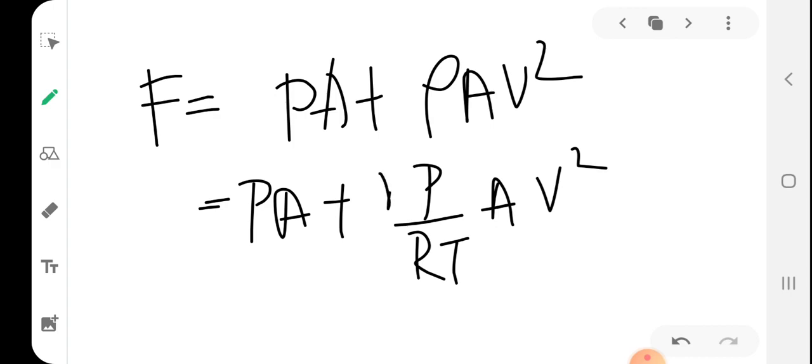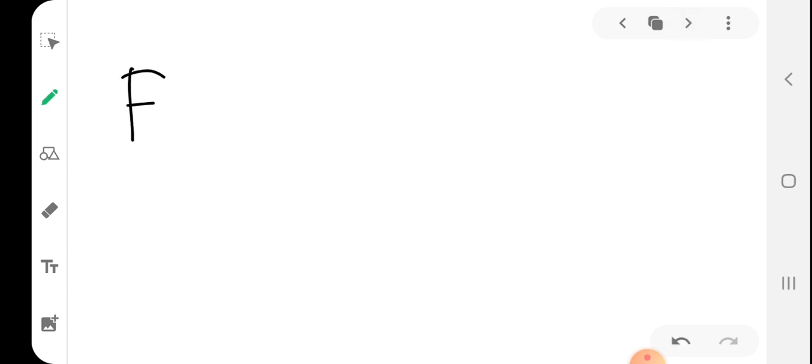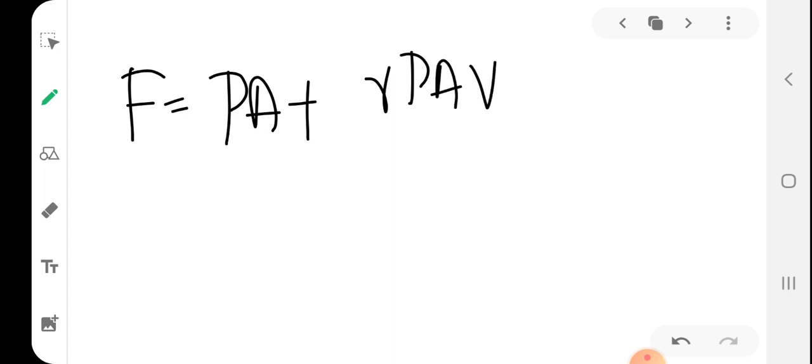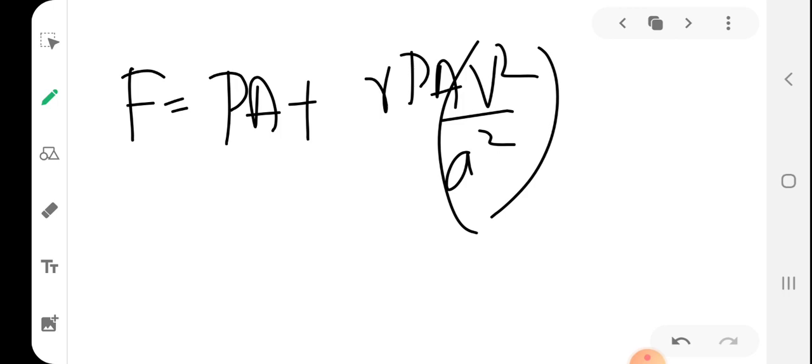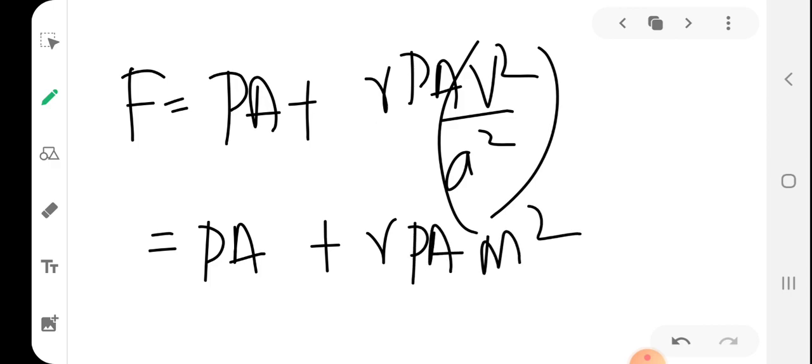So if I multiply with gamma in both numerator and denominator, what will be gamma RT? A square. So F equals PA plus gamma PAV square by gamma RT, and V square by a square is M square, the Mach square.